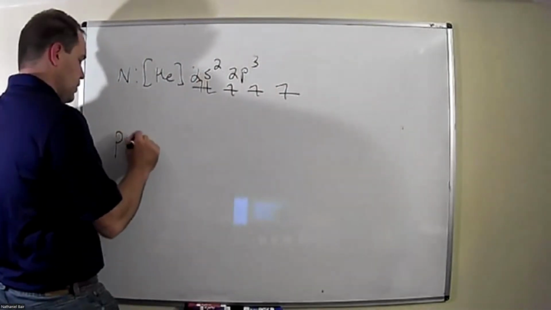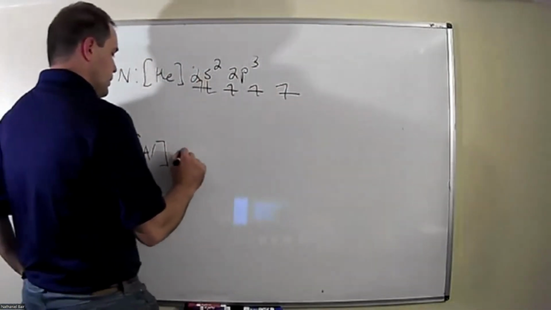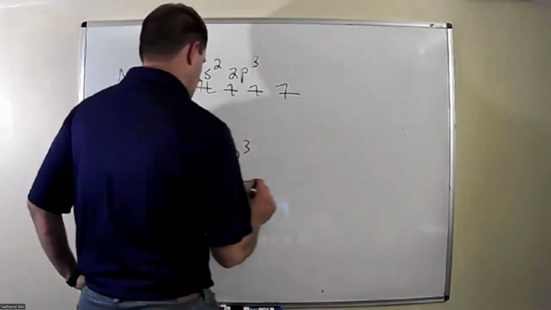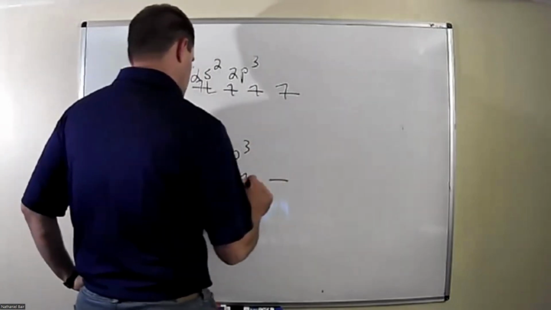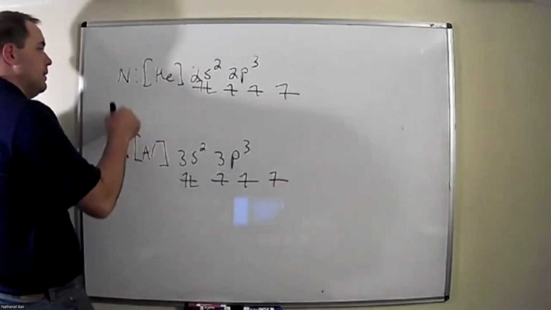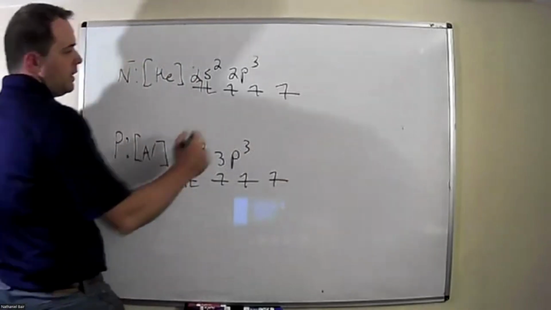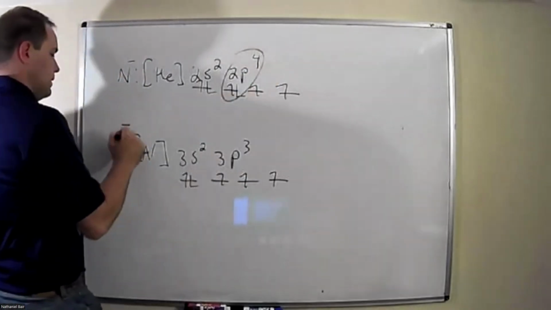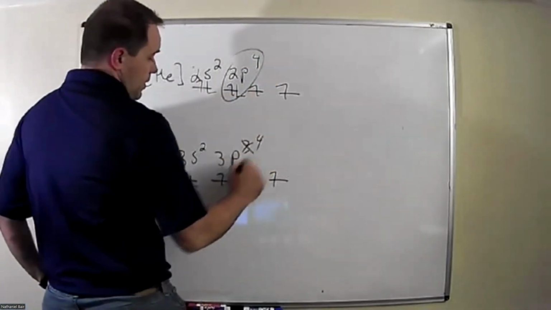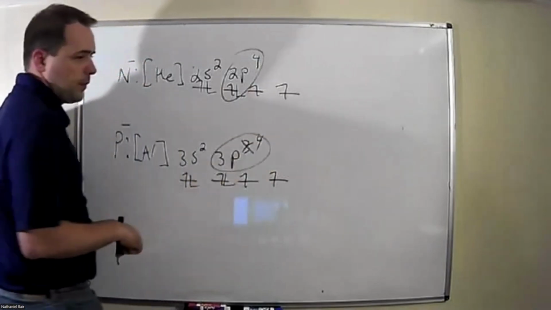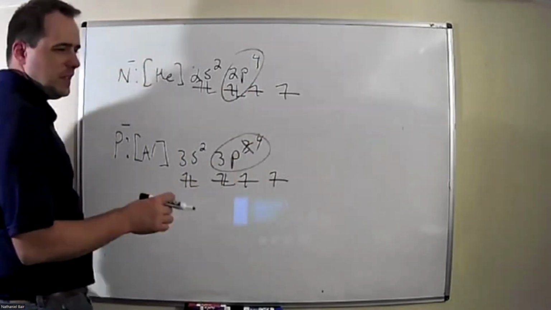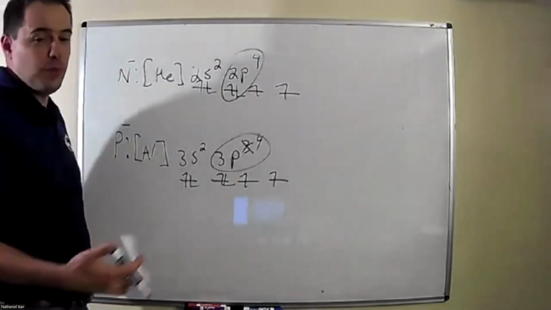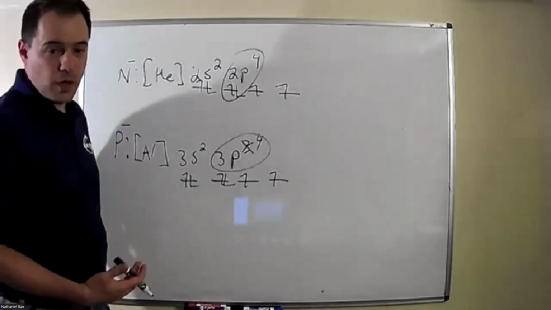Phosphorus is going to be argon in brackets, 3s2, 3p3. Take a look. If I add an electron to nitrogen, make nitride, it's now a p4. If I add an electron to phosphorus, it's now a p4. What just happened? This is the opposite. It's really the same thing as that p3 to p4 hiccup or jump that we were talking about before.